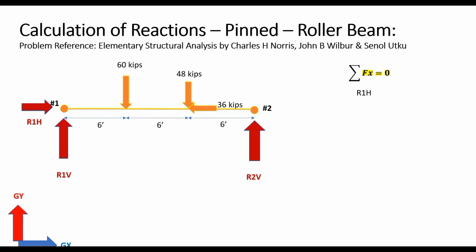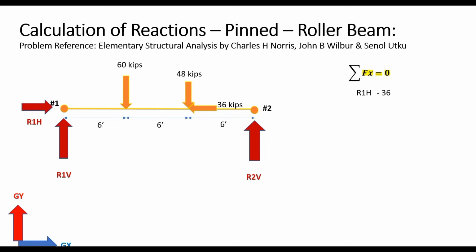So what are the forces that are acting along the global x direction? Well, the first reaction is R1H, which is the horizontal reaction at node 1. We are giving it a positive value because we have assumed it to be positive along the global x-axis. The other global x-axis force is 36 kips, but this has a negative value because it is acting along the negative direction of the global x-axis.